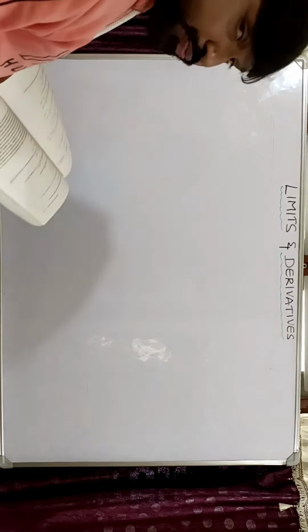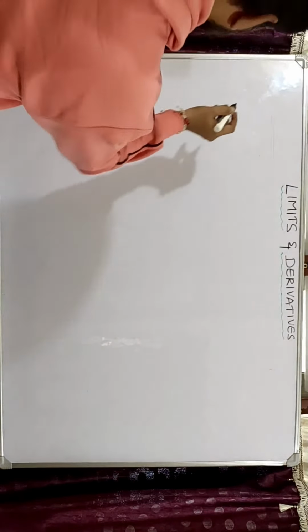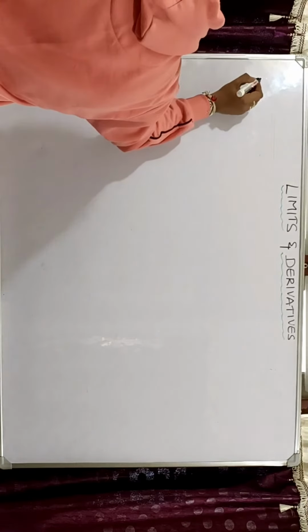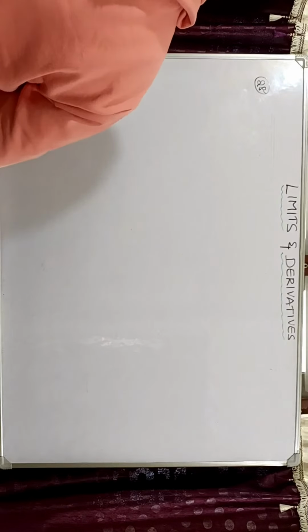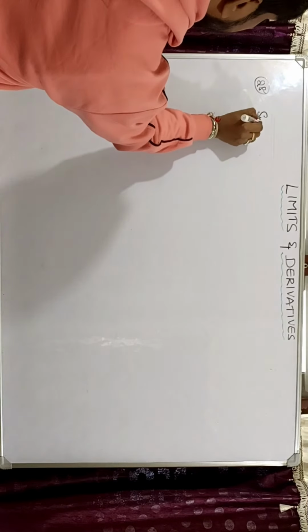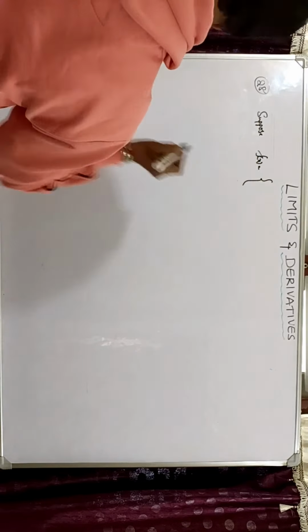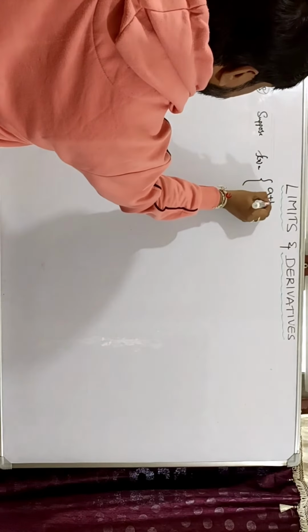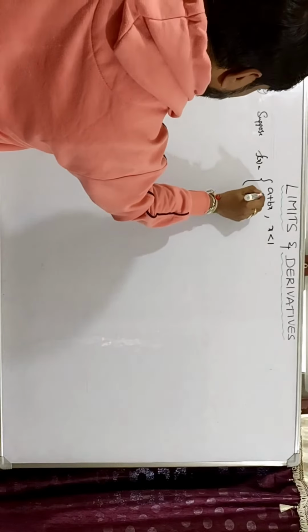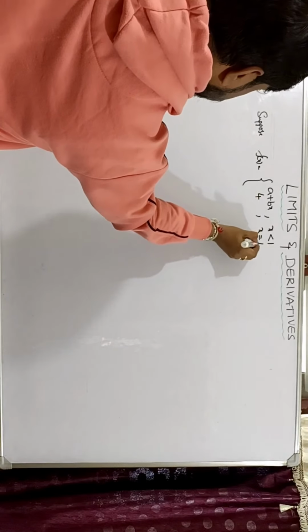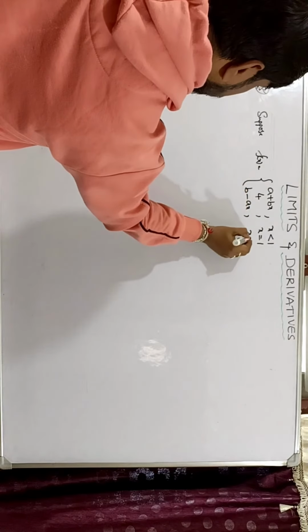Question number 28 in your textbook. Suppose f of x is equal to a plus bx, x less than 1; for x equal to 1, b minus ax, x greater than 1.